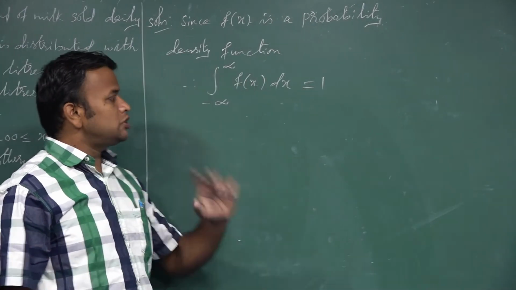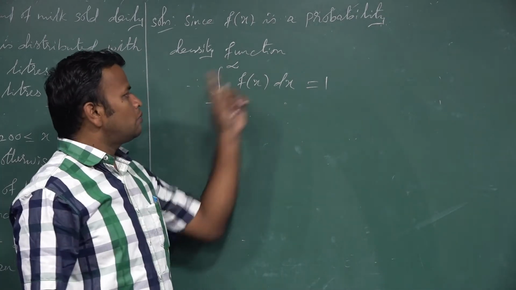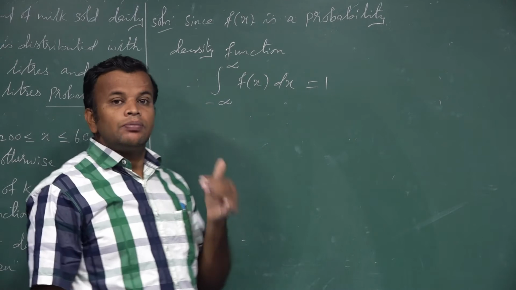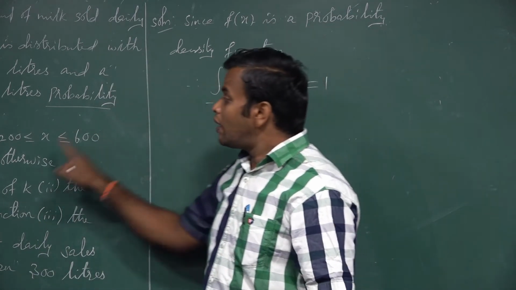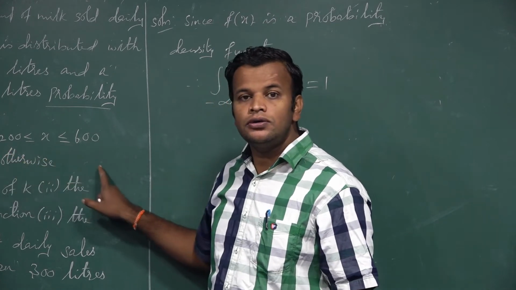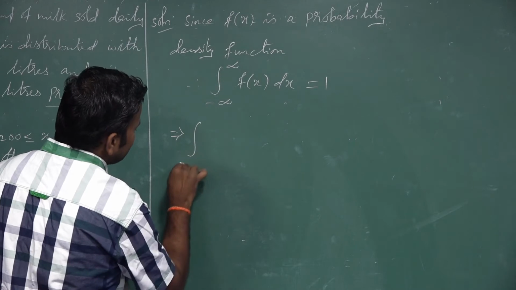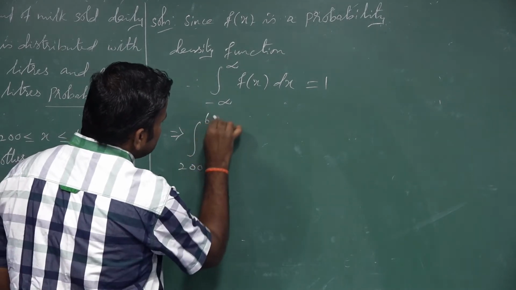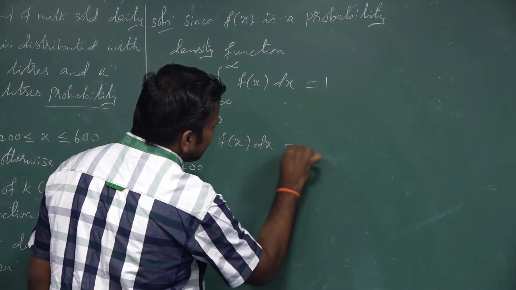But the limit should change depending upon the given problem. Minus infinity to plus infinity. But you see in the given problem, this f of x is possible only when the value of x lies between 200 to 600. Therefore, the limit will change as 200 to 600 f of x dx.